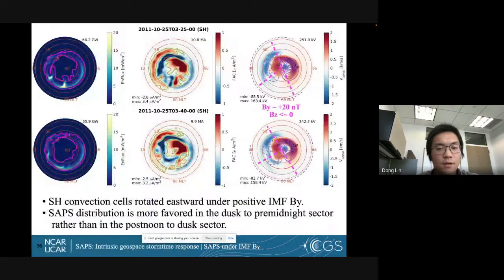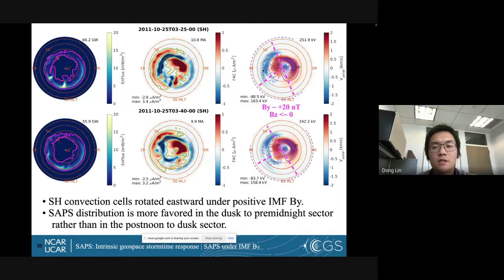So let's take a look at the assimilation results. As we know, the southern hemisphere is opposite to the northern hemisphere in terms of BY response, but not exactly mirror symmetric. So the convection cells in the southern hemisphere rotated toward the dusk side, sorry, the post-noon sector.